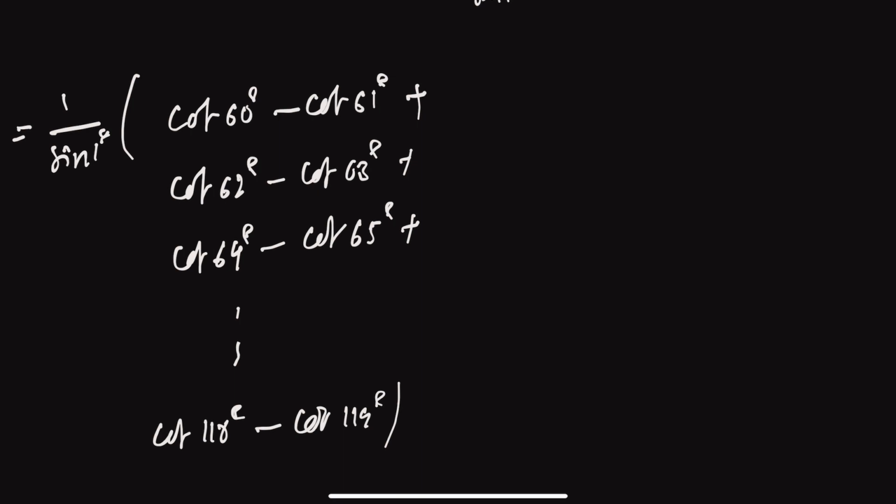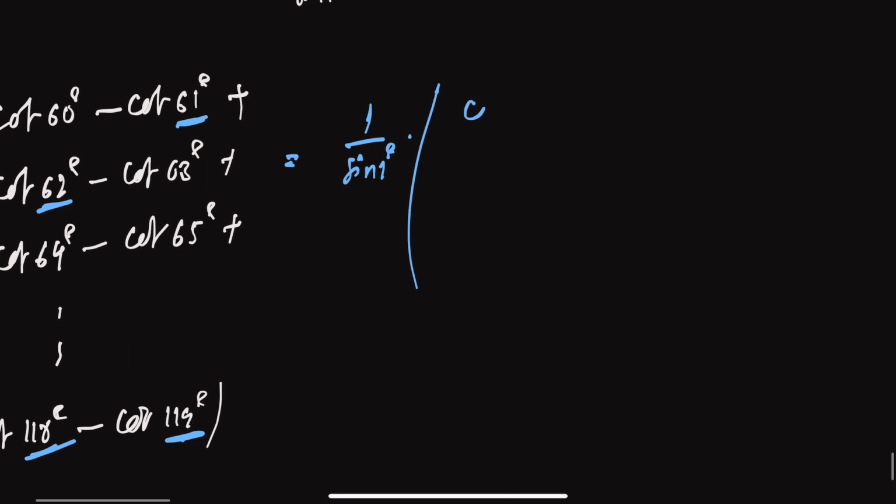So one thing that we can notice here is that we are having 61 and we are having 119, and we are having 62 and 118. So if I arrange the same terms, suppose the 1 by sine 1 degrees is there, and then cot 60 degrees we can keep that way, minus cot 61 degrees plus cot 119 degrees.